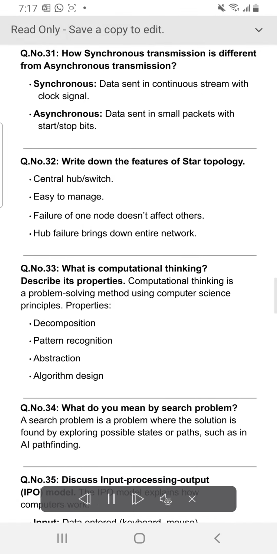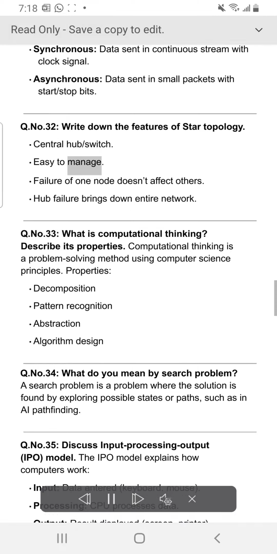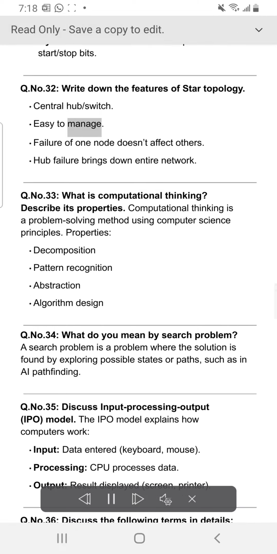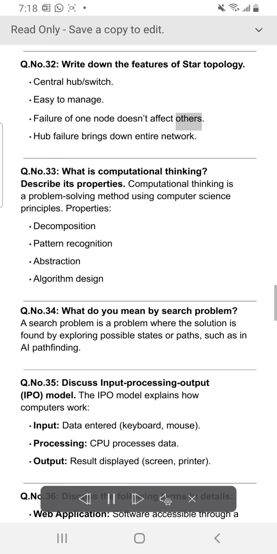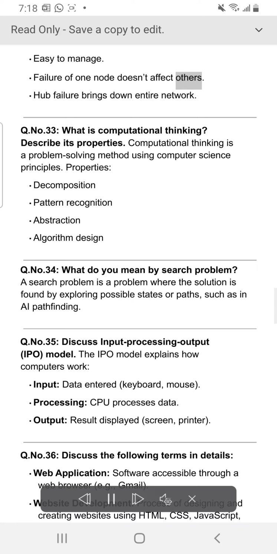Easy to manage. Failure of one node doesn't affect others. Hub failure brings down entire network.